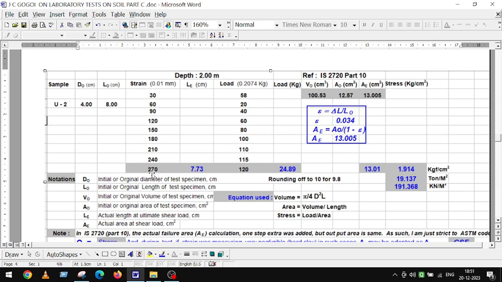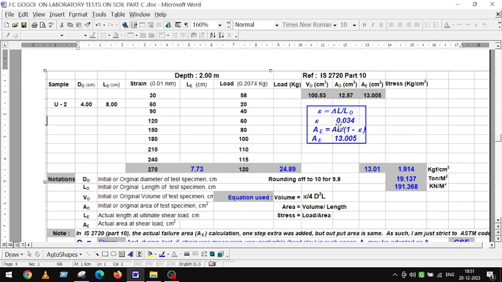The length changes by 0.27, which is the change in length, divided by the original length. So we get the strain, e0. This is strain.